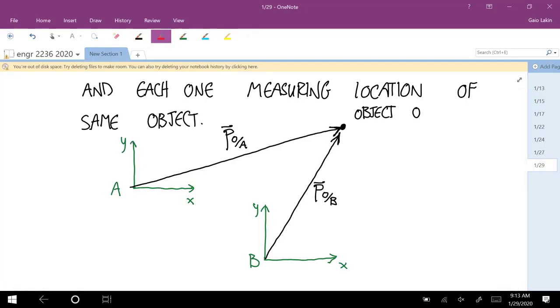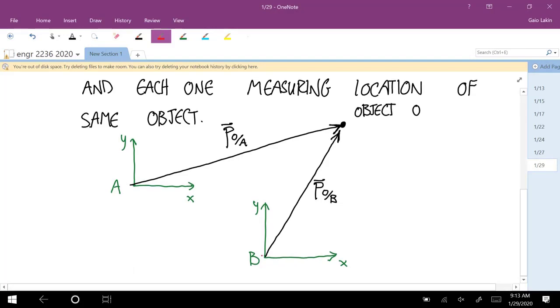So this vector here is the position of B relative to A.